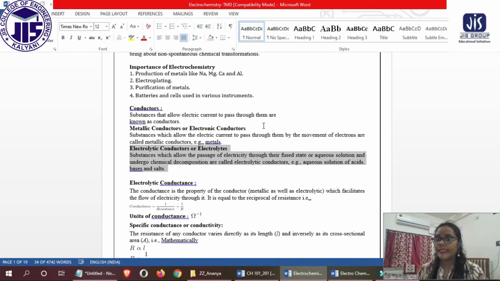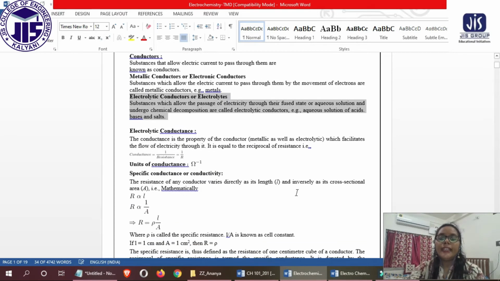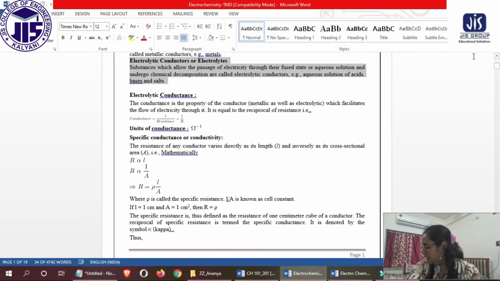Now, electrolytic conductance: conductance is the property of the conductor.